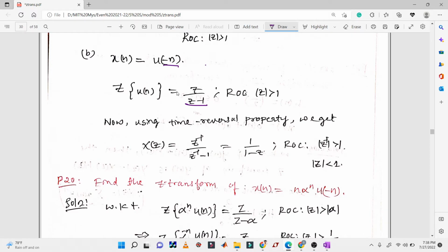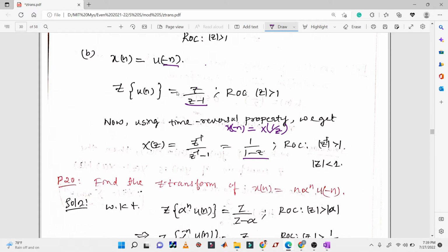For u of minus n, wherever z is there, so time reversal property, x of minus n is equal to x of 1 by z. So this is the property. So using this property, wherever z is there in this equation, we have substituted z inverse or 1 by z. And when we simplify, we will get 1 divided by 1 minus z.